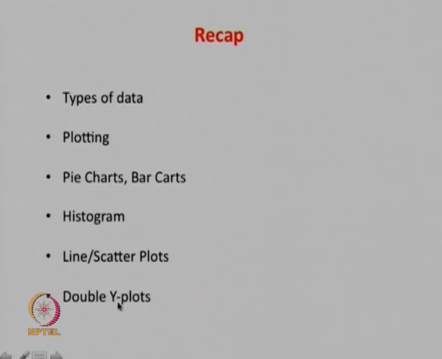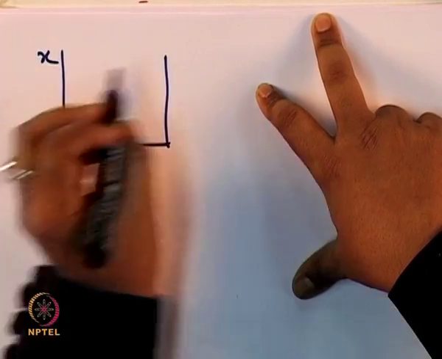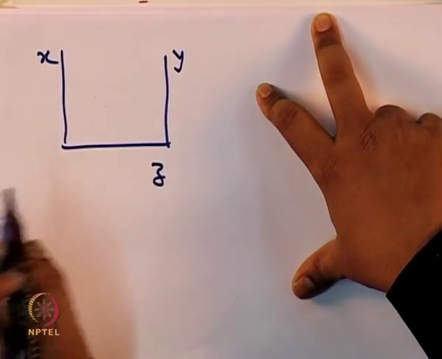I also briefly discussed double y plots, where you have, let us say, three variables x, y, and z, with x and y changing with respect to z. Then you can plot x and y with respect to your variable z.